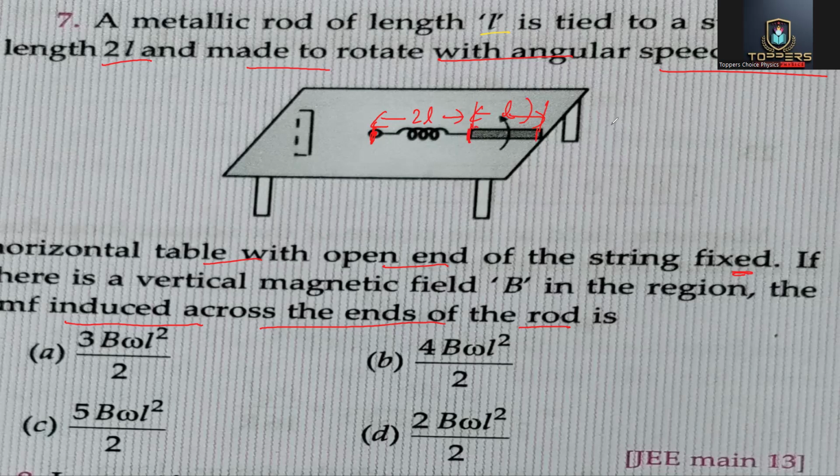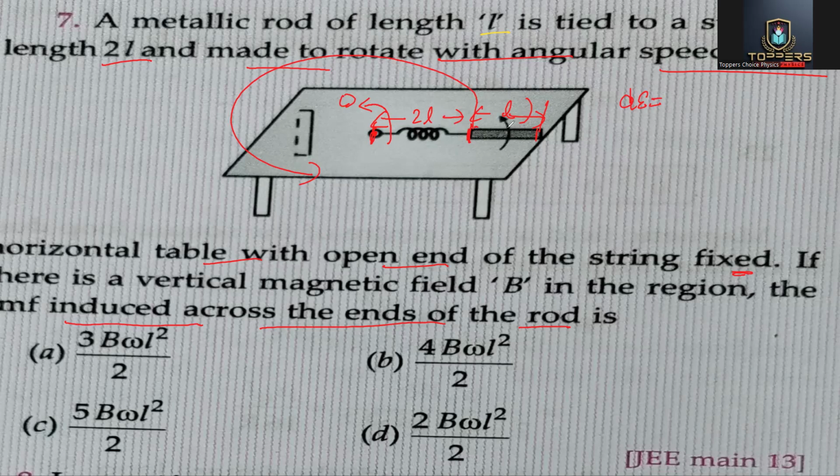So this is again a very easy question. You can solve it like that. Actually, this whole system is rotating. This string and the rod are rotating in this plane with omega. So what will be the EMF? The EMF will be due to the complete system.